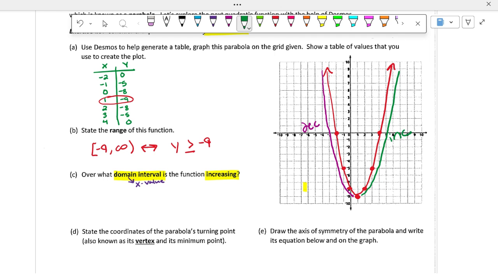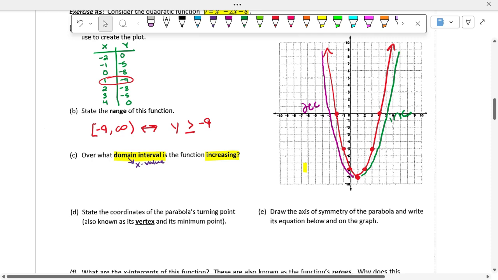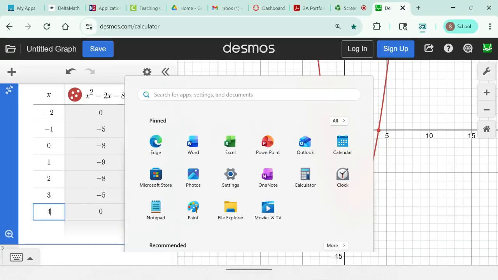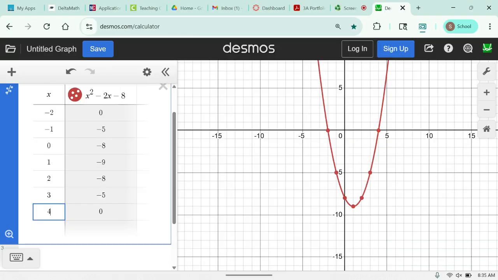So this is my interval of increase. When we're asking for where the interval is increasing, first off, it's always going to be X values. So look from left to right. Now, if that's hard for you on the picture itself, here's a little trick. Go back into Desmos. In Desmos, you can actually remove an axis. Do you guys see this little wrench key in the top right corner?